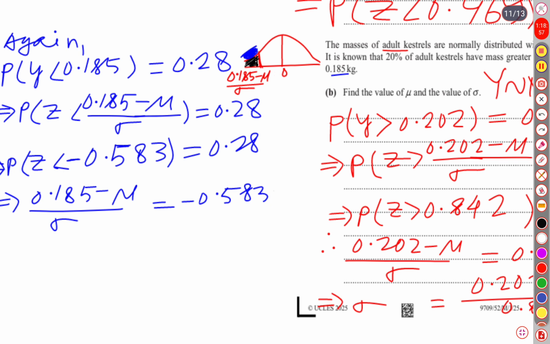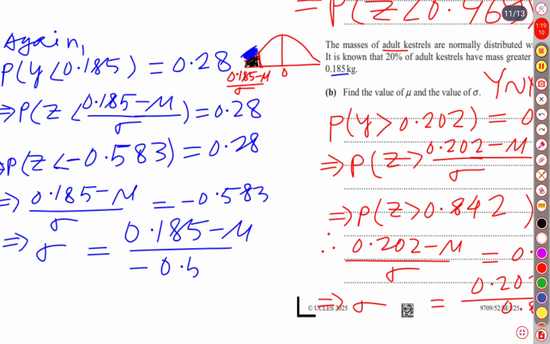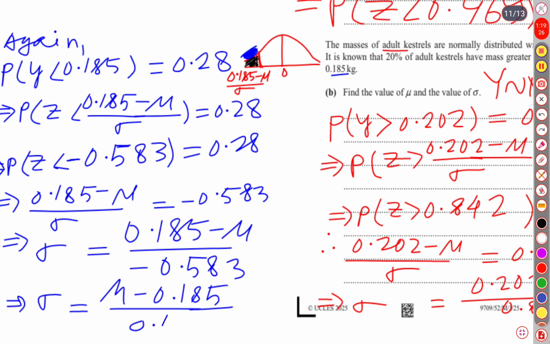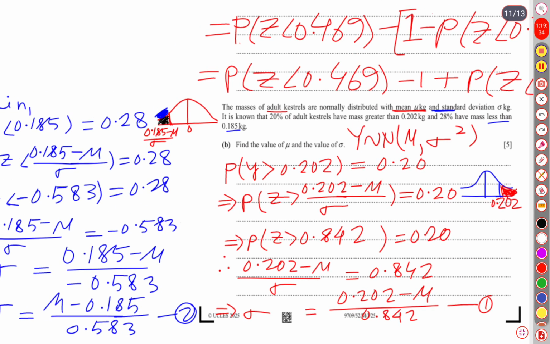If we make sigma the subject, sigma is equal to 0.185 minus mu over negative 0.583. If we dissolve the symbols, then sigma is going to be mu minus 0.185 over 0.583. These are our two equations.